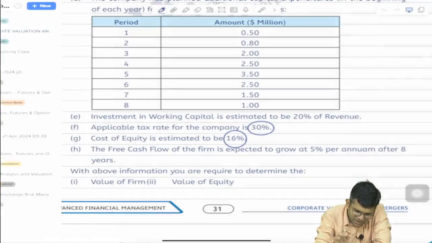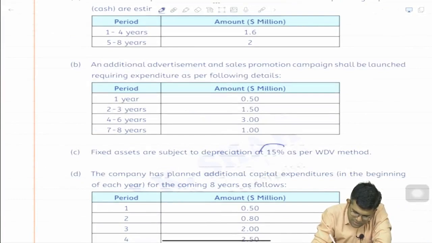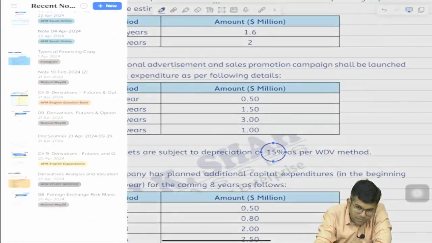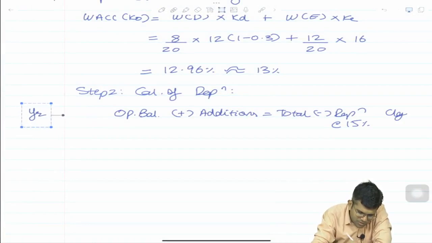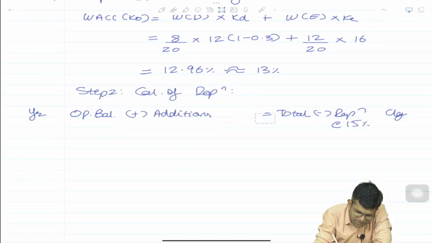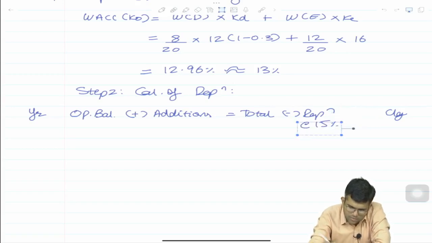What is the depreciation rate given? Where is it? 15%. Depreciation is at the rate 15%, and you will get the closing balance. So what I will do is I'll put here opening balance, add additions, total, and this is your closing balance.